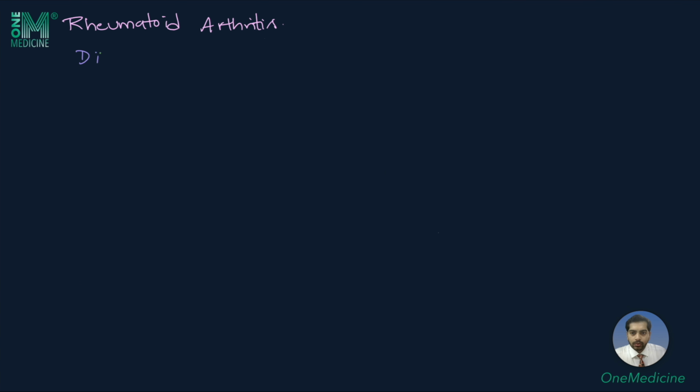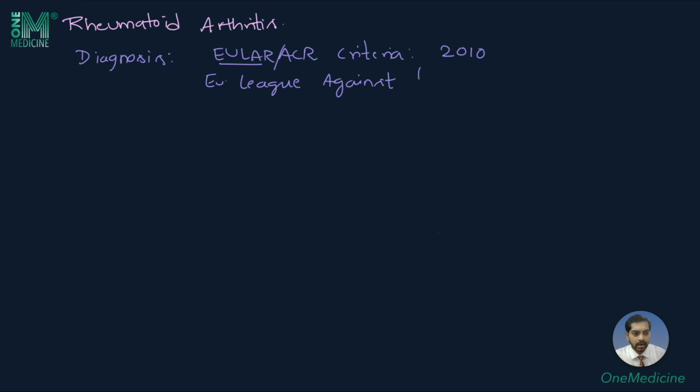In the diagnosis of rheumatoid arthritis, a criteria called EULAR or ACR criteria is used. This was updated in 2010. EULAR stands for European League Against Rheumatism. ACR is American College of Rheumatology.